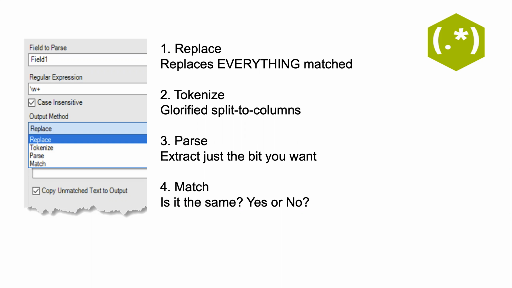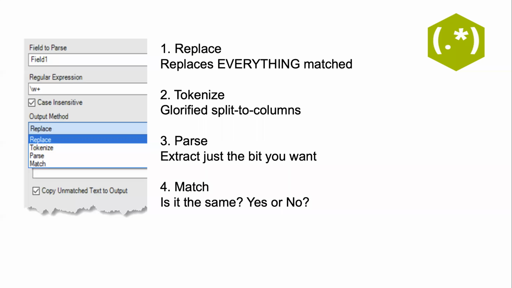It's quite similar, but then you have more options. In fact, you use regex to split to columns or split to rows your field. The third one is the parse. With this one, you extract exactly what you want, not everything. And the last one is the match. If it matches, it will be true. If it doesn't match, it will be false.